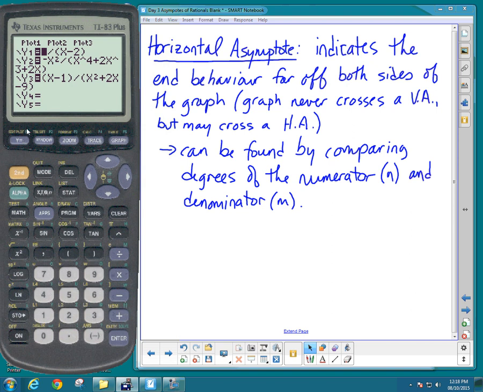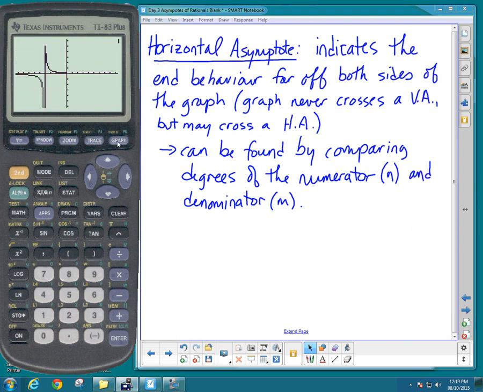I think I can probably highlight just that one. Oh, no, that's the wrong one. Go to y equals. We'll hide this one, and we'll look at this one.